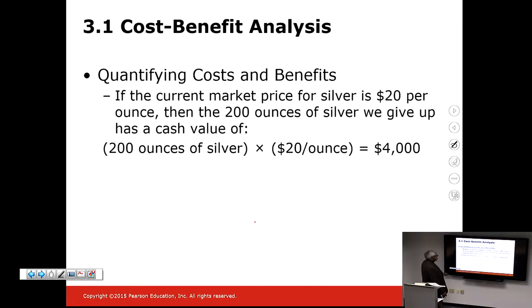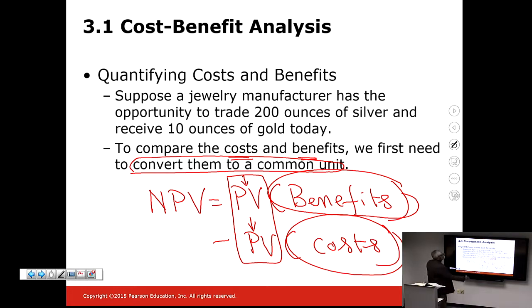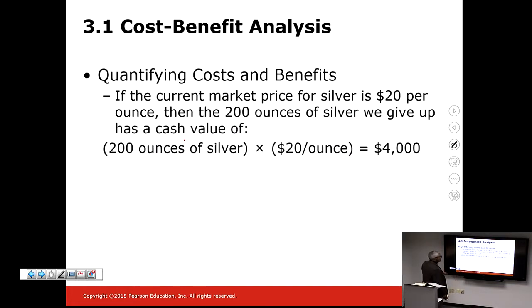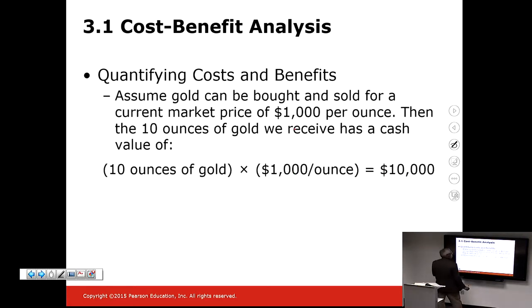So how do we quantify costs and benefits? You have a jewelry manufacturer that has the opportunity to trade 200 ounces of silver and receive 10 ounces of gold. Is that a fair trade? The only way we can ascertain that is to convert the 200 ounces of silver into their dollar value at $20 per ounce.